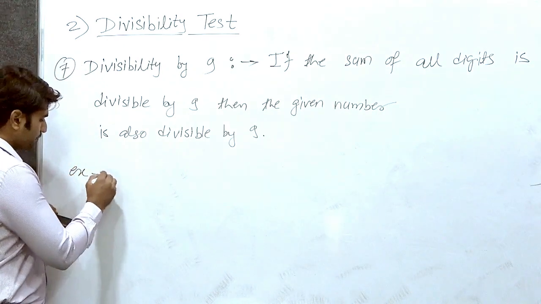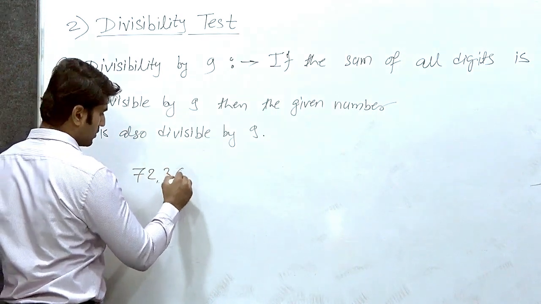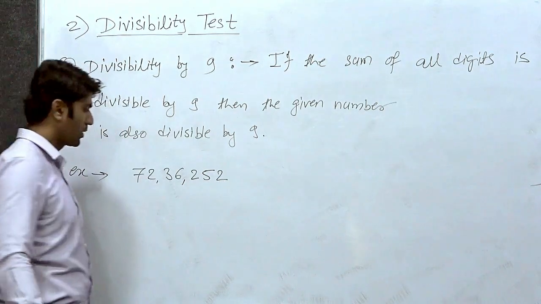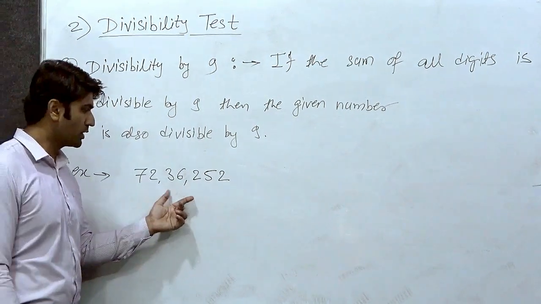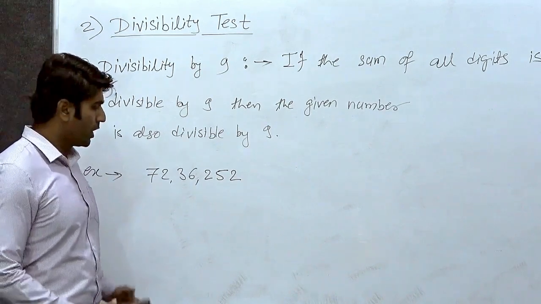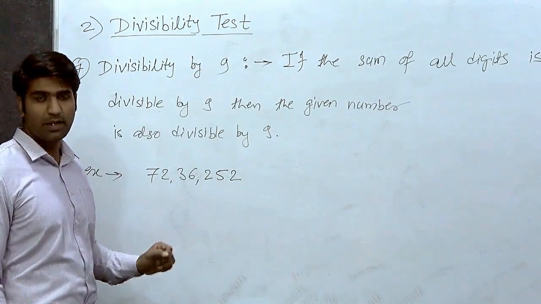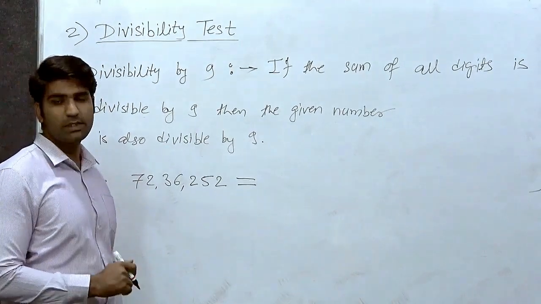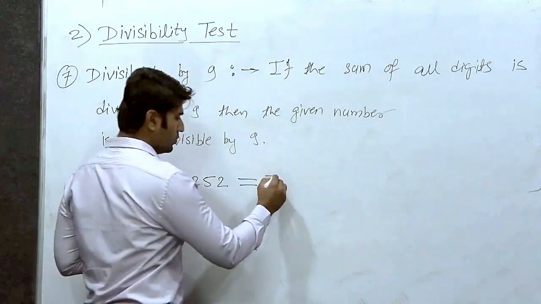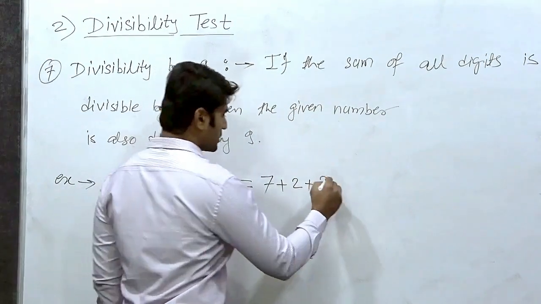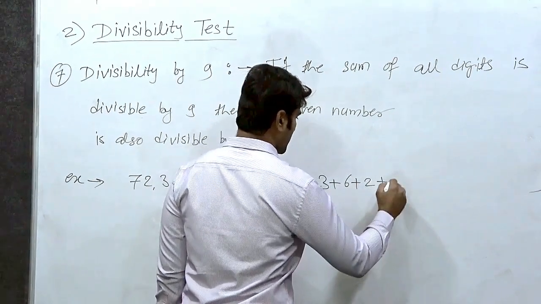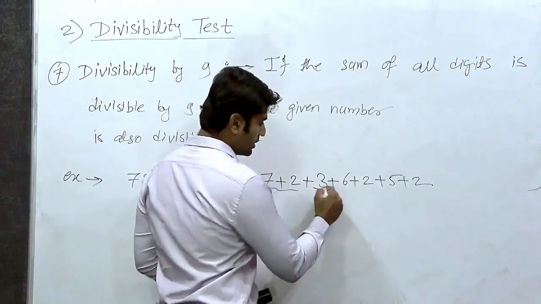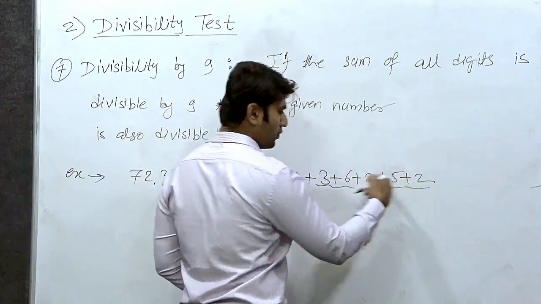So for example, 7,236,252. We have to check whether this number is divisible by 9 or not. So what does the definition say? Sum of all digits. So let's do 7 plus 2 plus 3 plus 6 plus 2 plus 5 plus 2. 7 plus 2 is 9, 6 plus 3 is 9, 5 plus 2 plus 2 is 9.